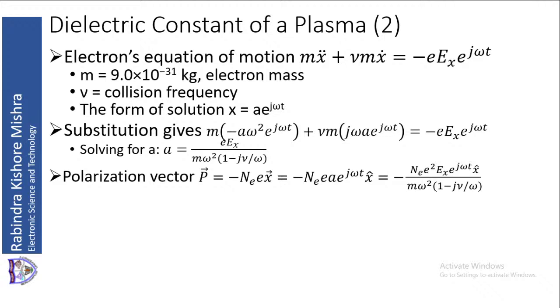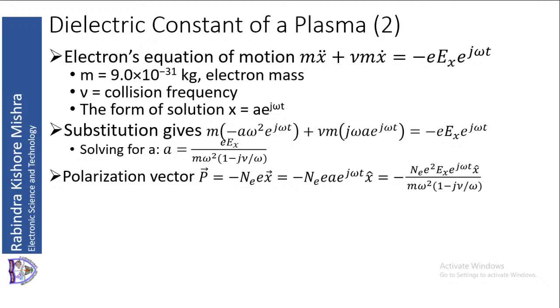Now we can write this as minus Ne into e, and for x we write A into exponential j omega t into x cap. Let us drop x cap to consider only the amplitude part of the polarization vector.